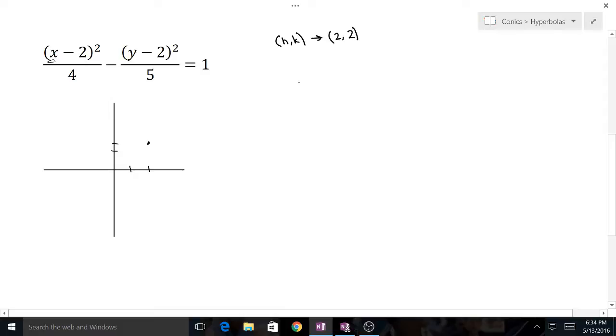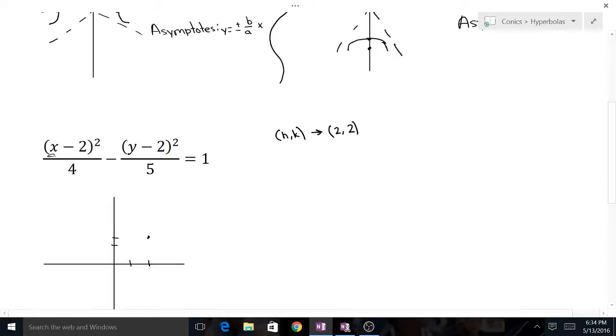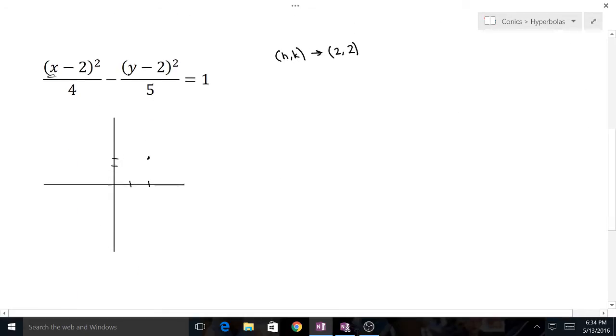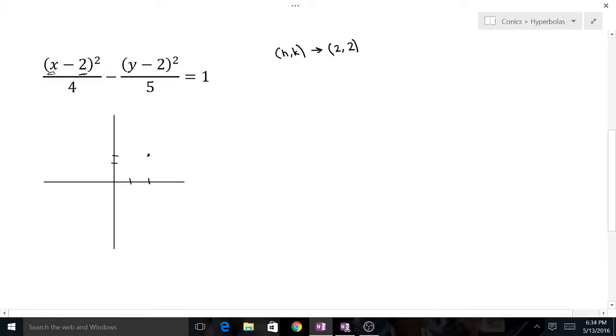And then next we know that, because x squared is first, let's look for our vertices. It's going to be h, which is that first number, plus or minus a, comma k. Well, we figured out our h was 2, so we're going to have 2 plus or minus a, and then we're going to have our k value, which we also figured to be 2. I'll just write that in now. So 2 plus or minus a, comma 2.